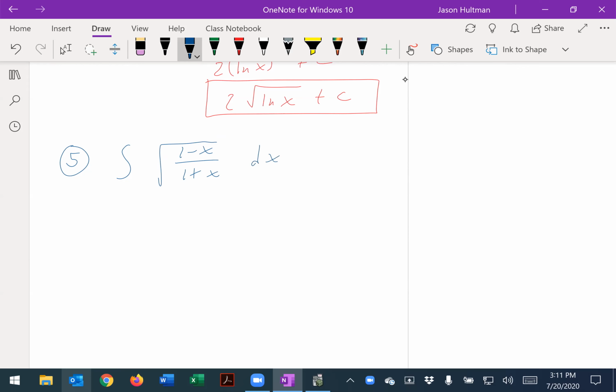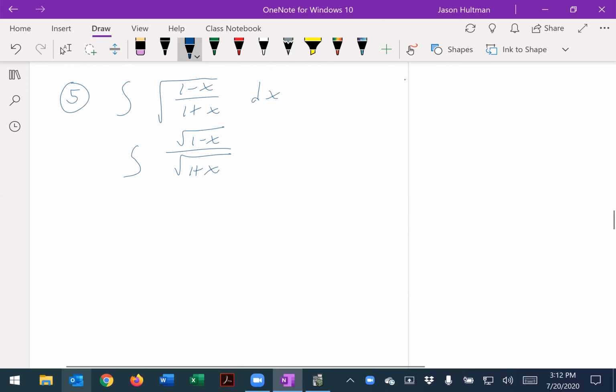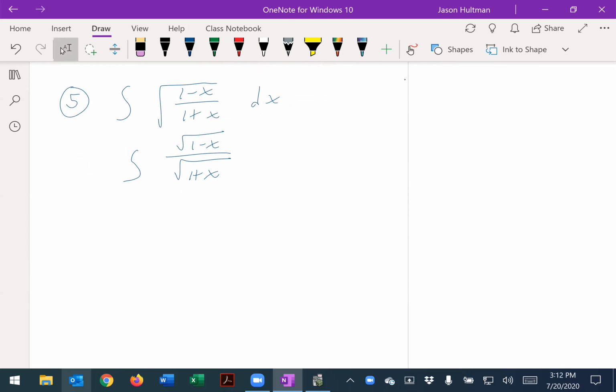So this thing I'm going to break up into the square root of 1 minus x all over the square root of 1 plus x. And I'd like to get this to be the difference of 2 squares. So what I'm going to do is multiply both top and bottom here by radical 1 minus x. That's going to allow me to get a difference of 2 squares, and that's going to allow me to take some trigonometry.